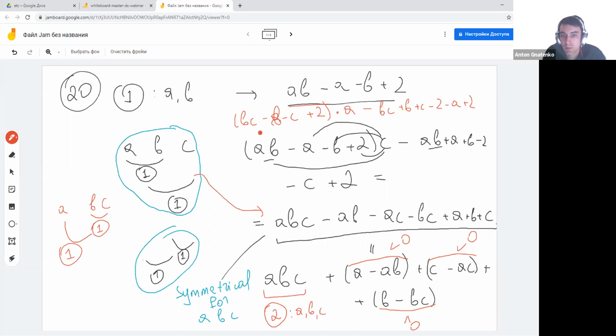And then the very same logic goes. You get ABC minus AB minus AC minus BC plus B plus C plus 2A minus A, which is A, minus 2 plus 2. So if you want the real, totally rigorous proof, just compute it again, and you'll see that the result of it is exactly the result of this.